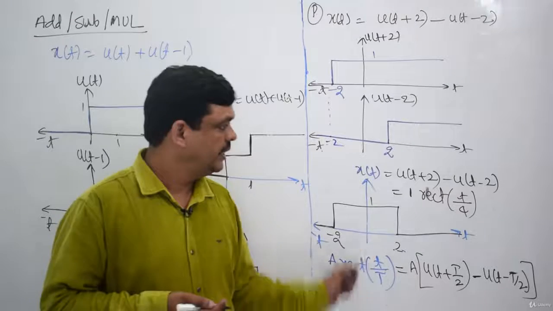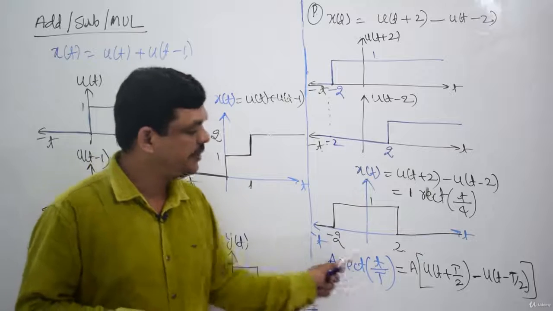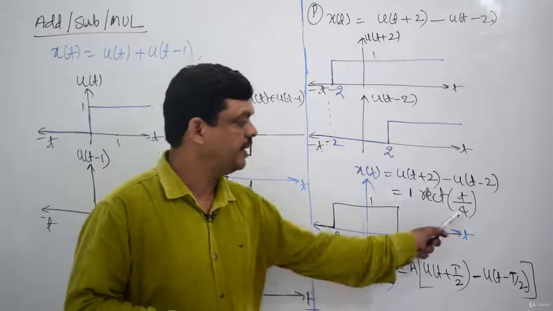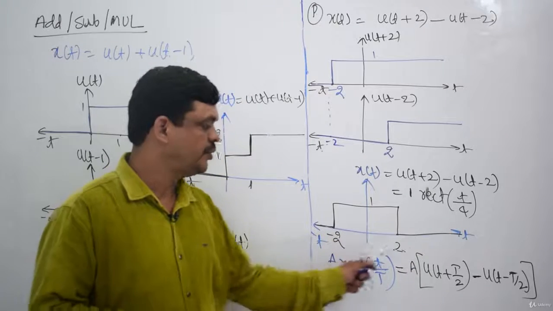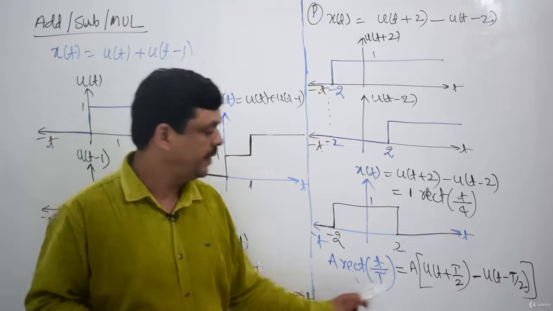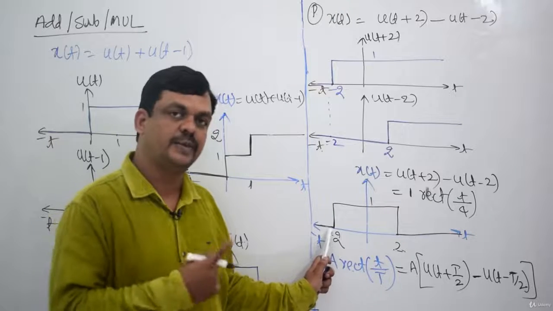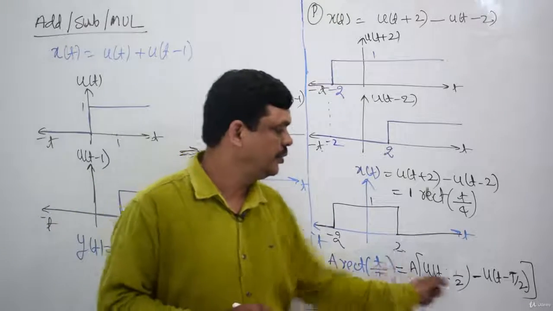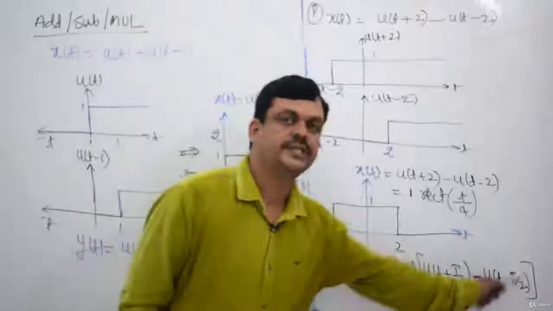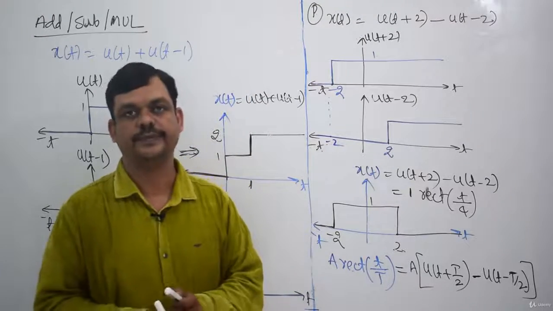This equation gives the relation between step functions and rectangular functions. Because your time period is 4, it is defined from minus 2 to plus 2. The total time period is capital T, so u of t plus T by 2 on the left side, and u of t minus T by 2. This is the rectangular function using step function representation, explained from subtraction operations only.